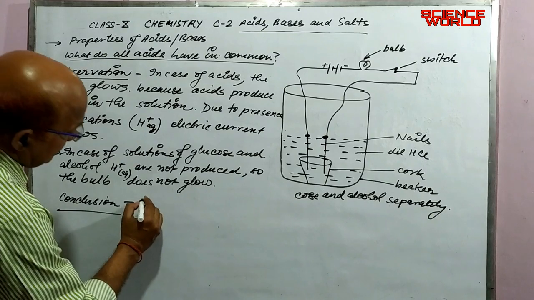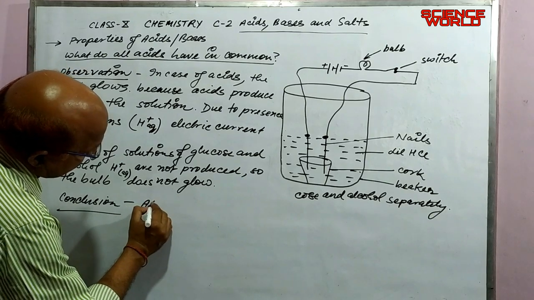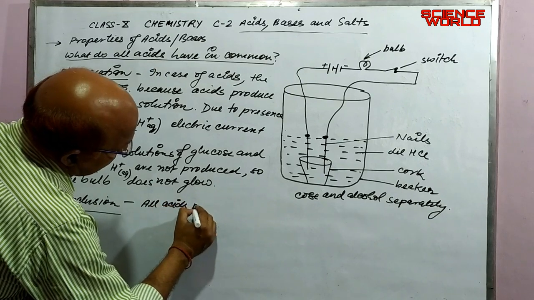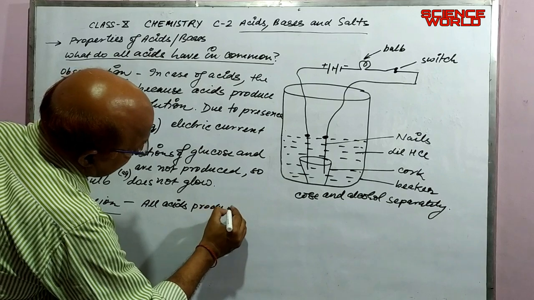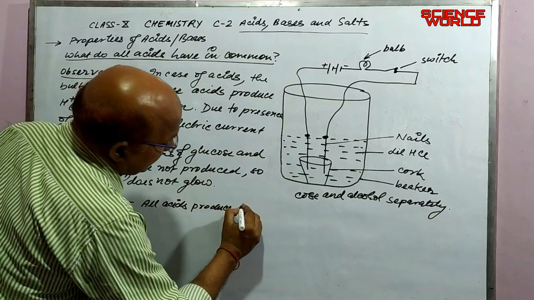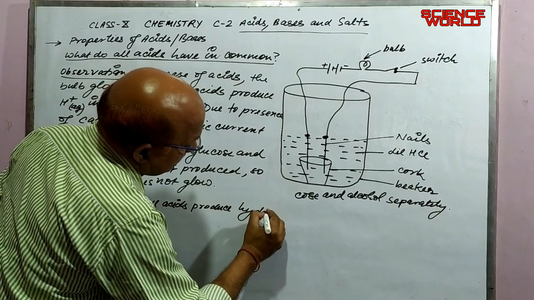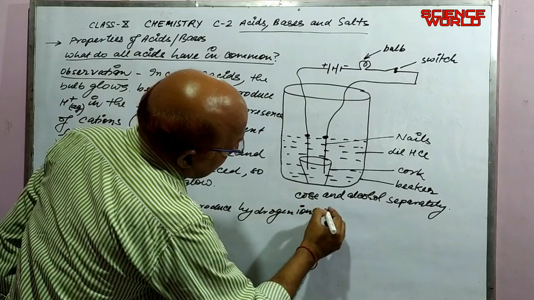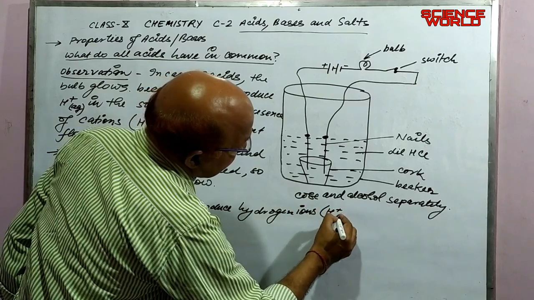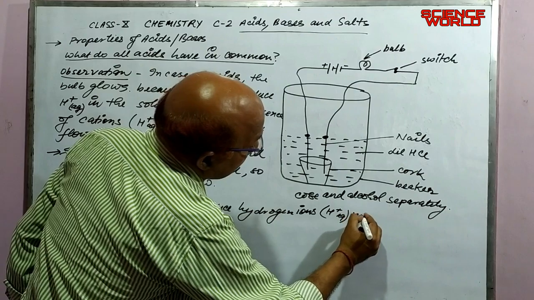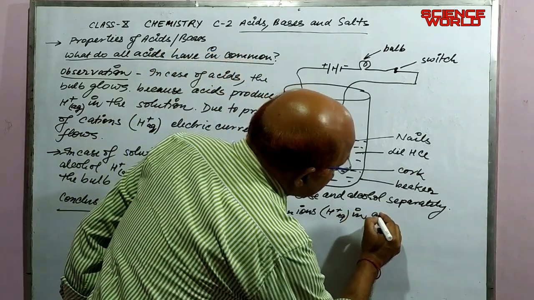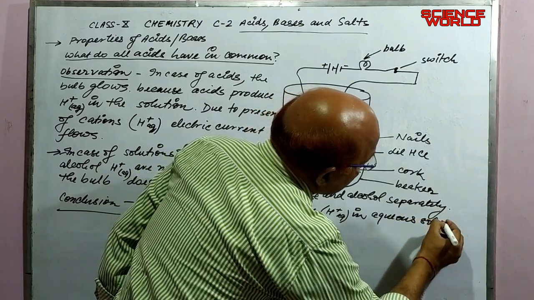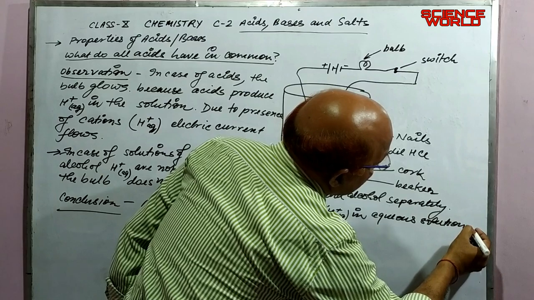Conclusion is that all acids produce hydrogen ions, this is H+ (aq), in aqueous solution.